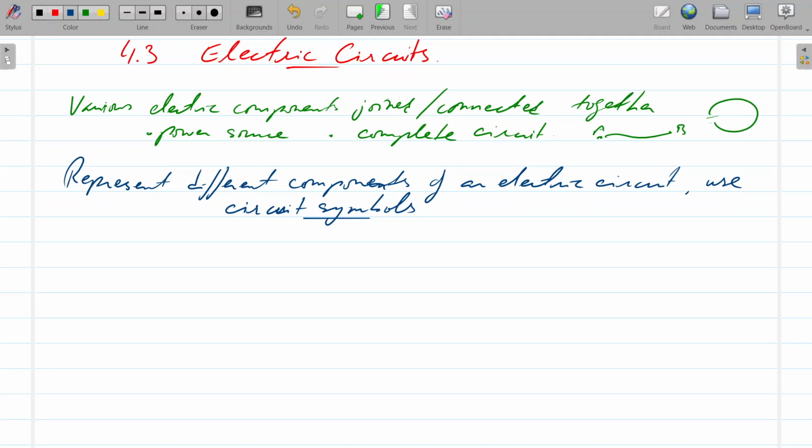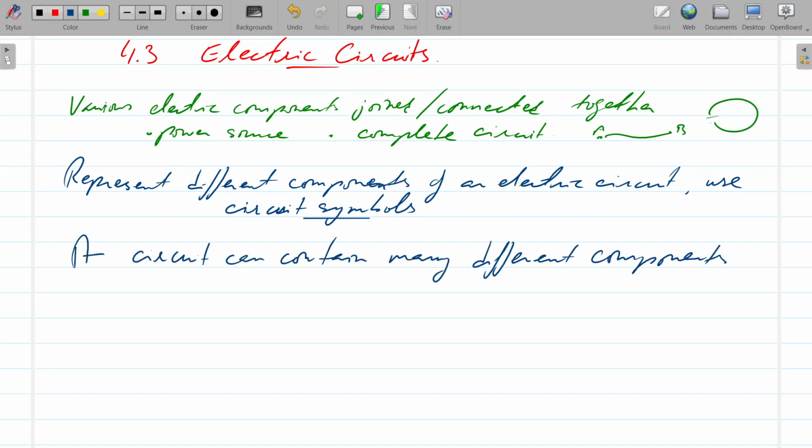My whiteboard is lagging. Okay. And it can be set up in series or parallel.